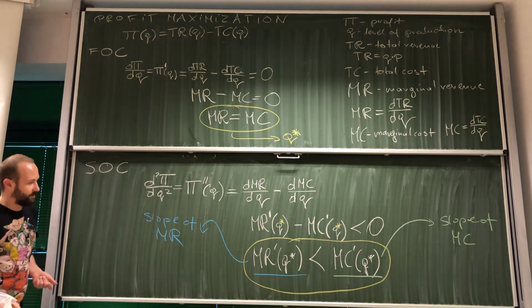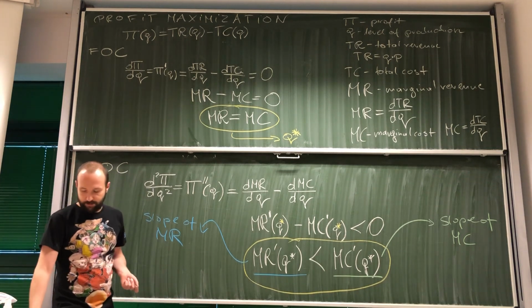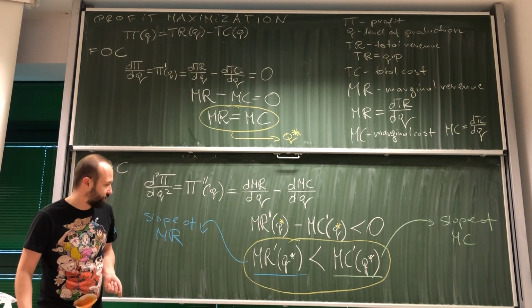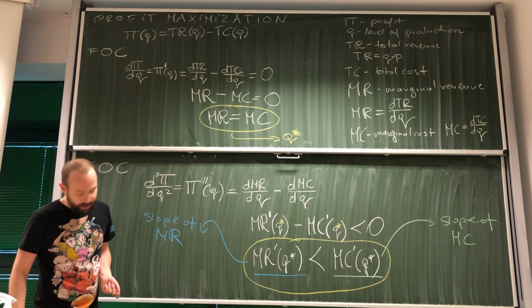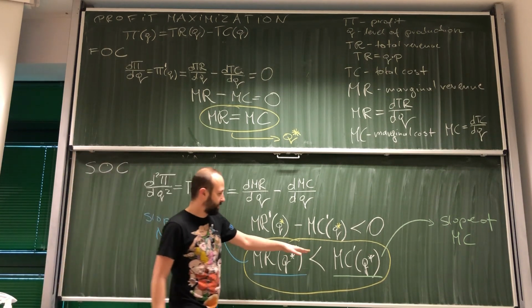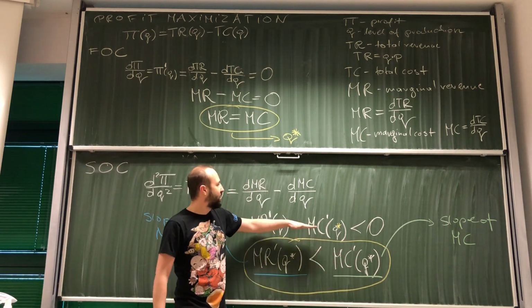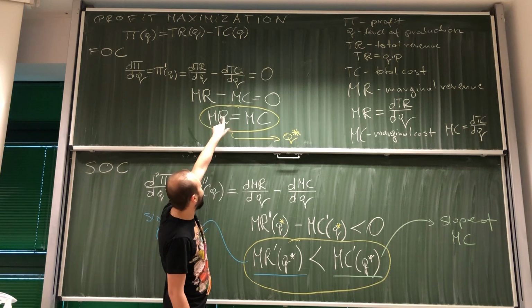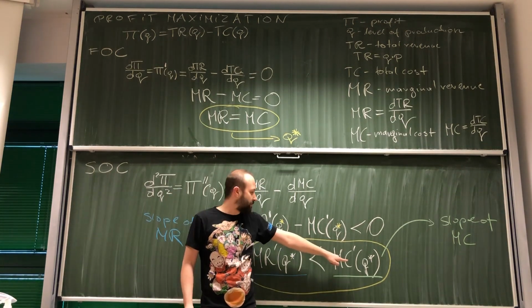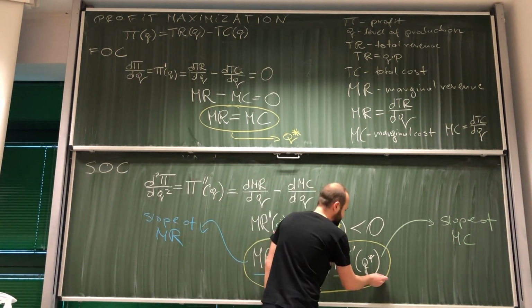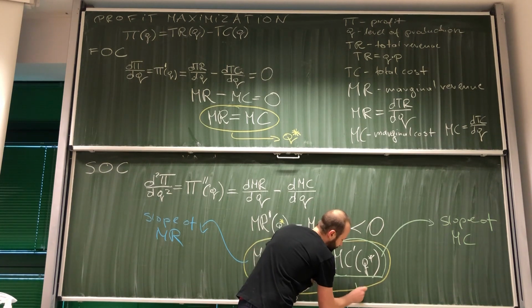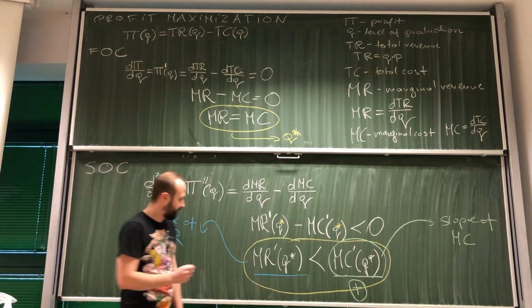Marginal cost is an increasing function. What does it mean? If marginal cost is increasing, then the slope of the marginal cost function is going to be positive.